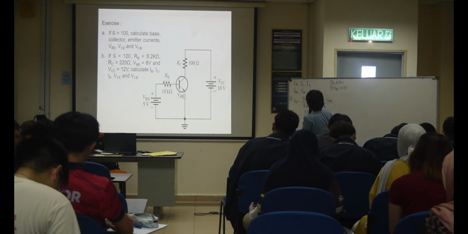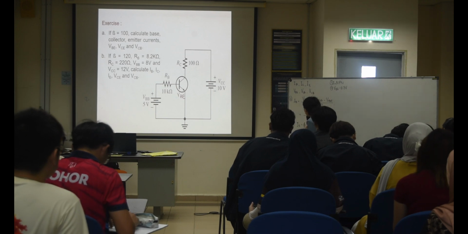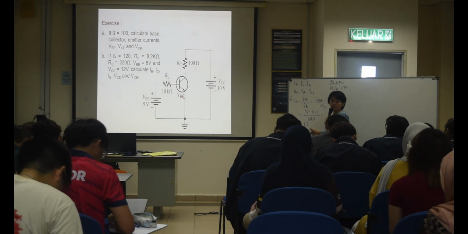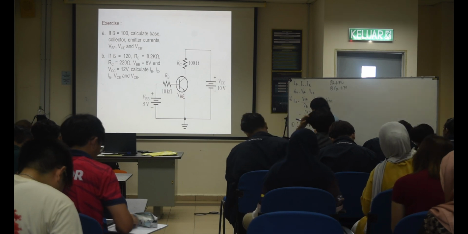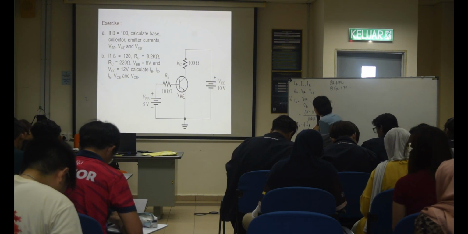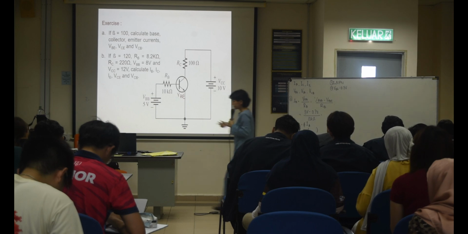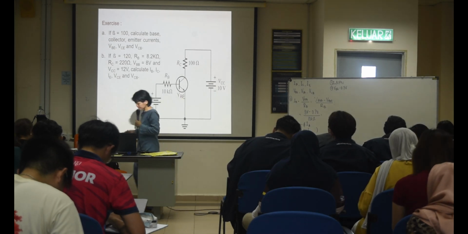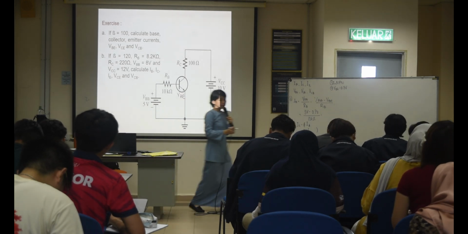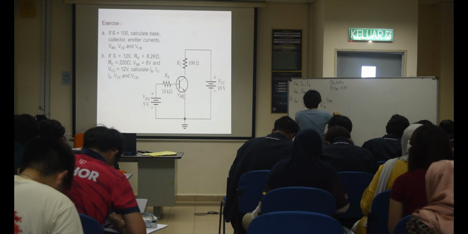Okay, you have done this one, then you can find your IC. IC formula is beta multiply IB. So your beta is 100, your IB is how much? 430 milliampere.